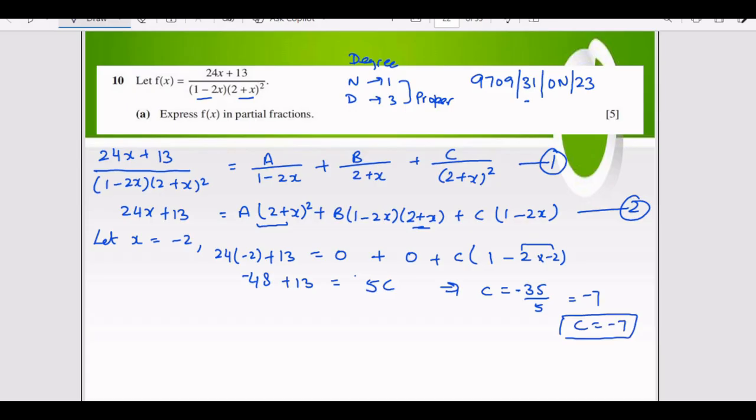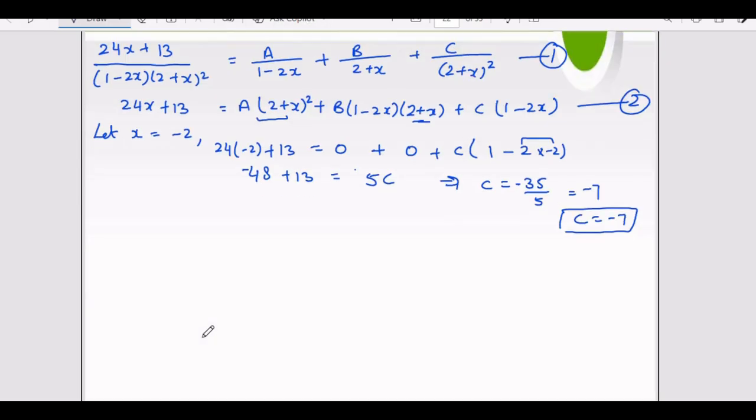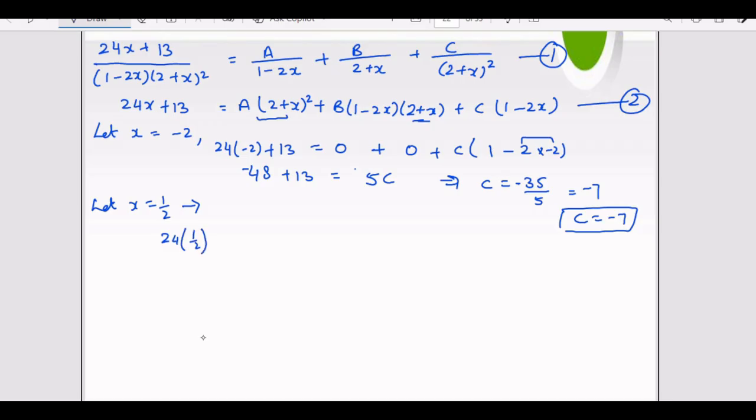Now we can substitute another value of x. Let's say x is equal to half, then what will happen? So this is 24 into half, we are using the second equation, plus 13 will be a into 5 over 2.